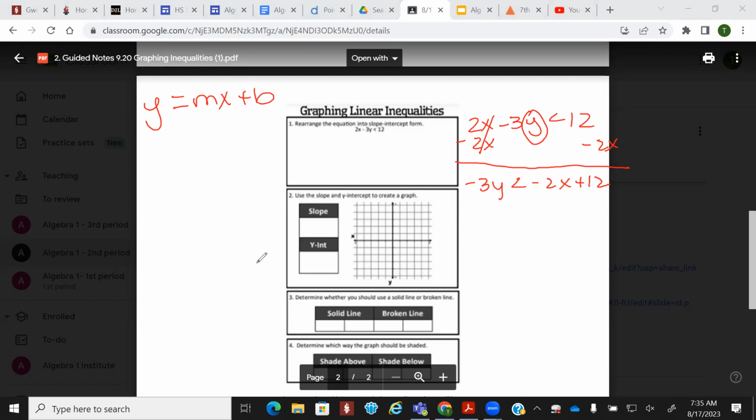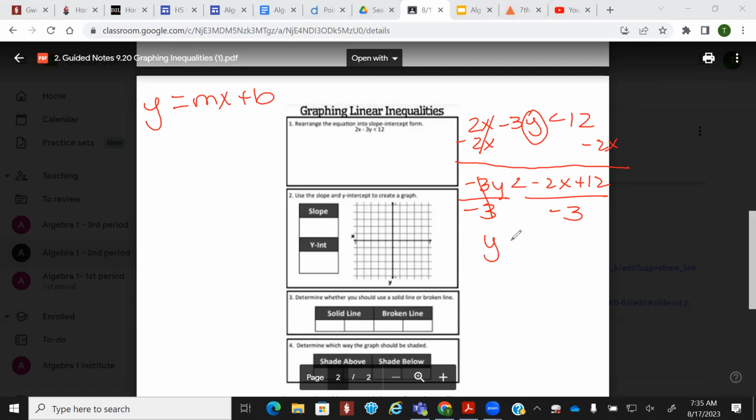Now, is y by itself yet? What's it attached to? That -3. Well, we're going to do the opposite of what's going on here. Multiplication is going on, so we're going to divide by -3.